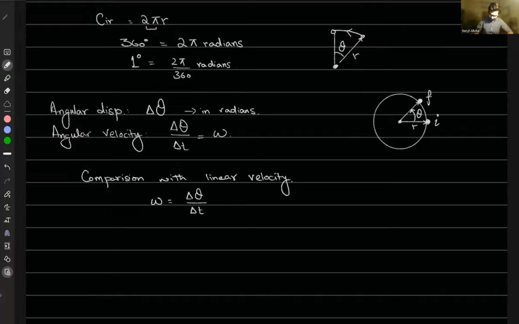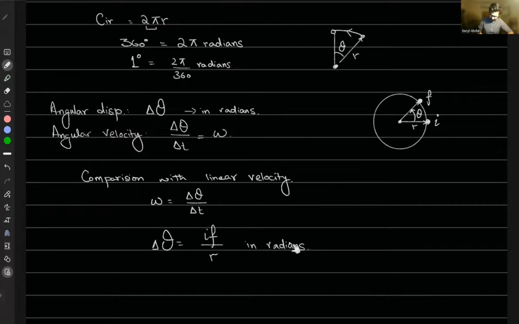But we know if I look at this circle, then angular displacement, which is really delta theta, is defined as this arc length from I to F. So I'll just write it as I, F, arc length, divided by this radius. So that's the angular displacement in radians.